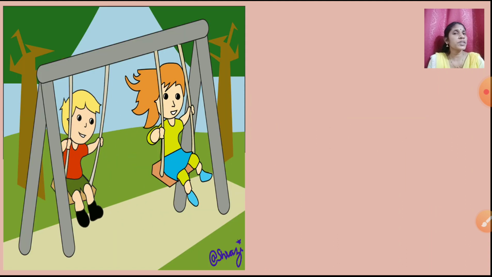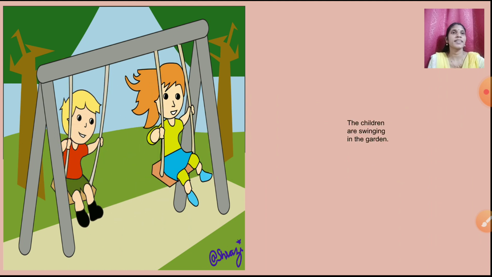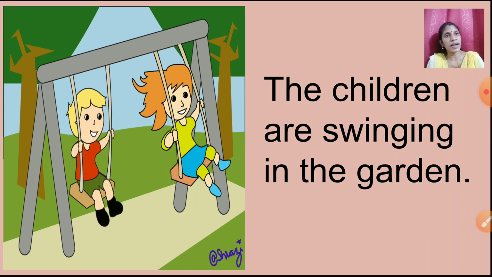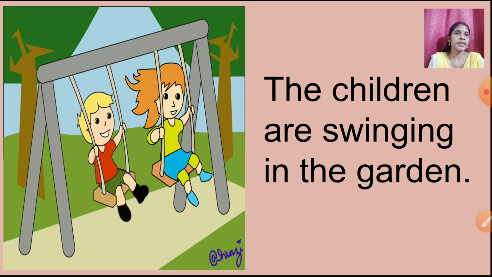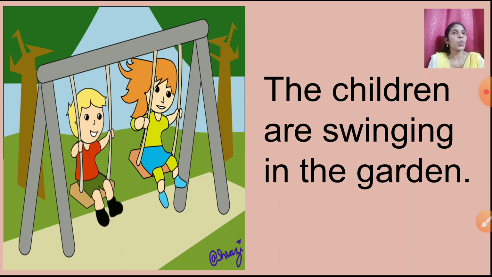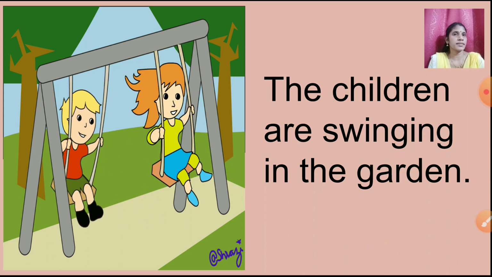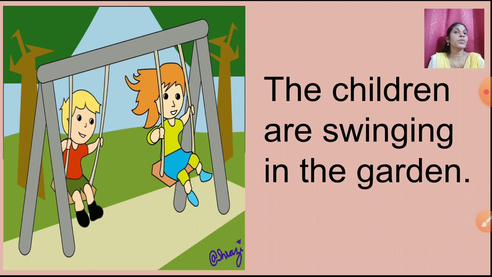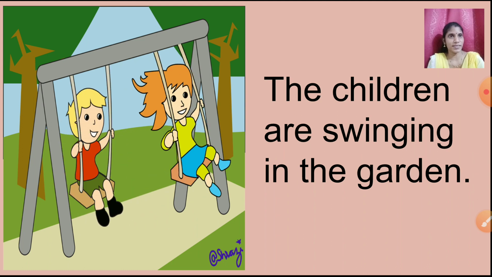Now what are the children doing? Yes, the children are swinging in the garden. Here there are more than one. So we have used children are, isn't it? Okay. So when we are talking about more than one, that time we are supposed to use are.